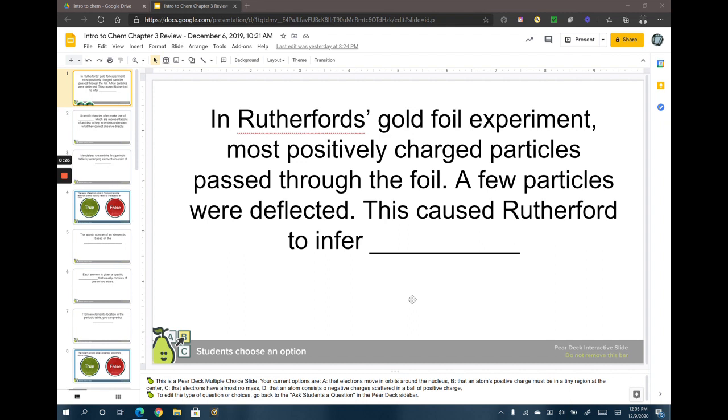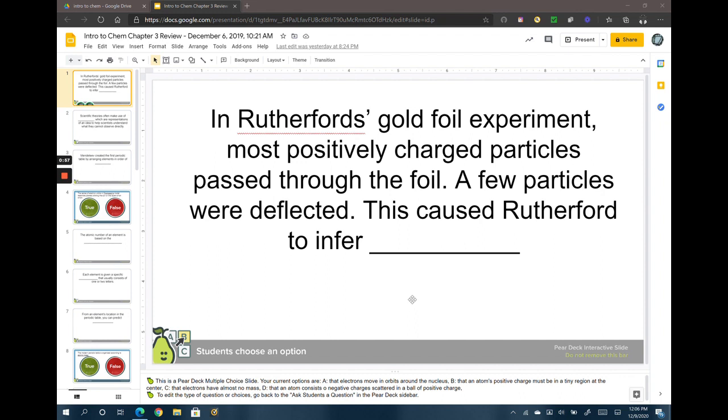So the first one said, in Rutherford's gold foil experiment, most positively charged particles passed through the foil. A few particles were deflected. This caused Rutherford to infer, and your options were that electrons move in orbits around the nucleus of an atom, that an atom's positive charge must be clustered in a tiny region in its center, that electrons have almost no mass, that an atom consists of negative charges scattered in a ball of positive charge.